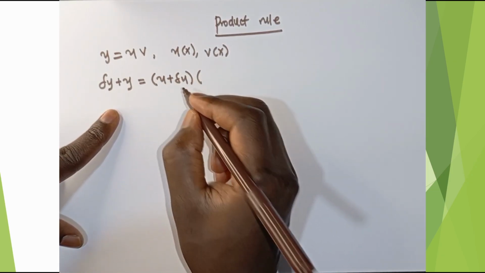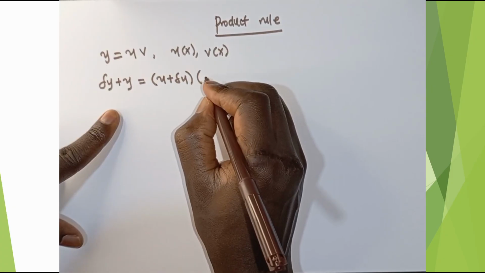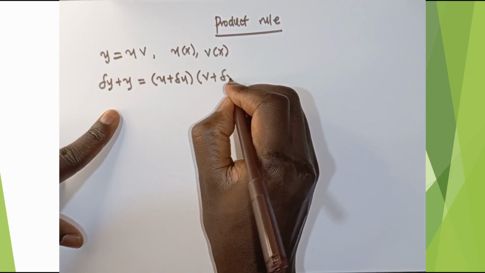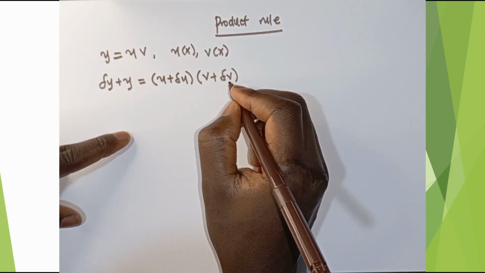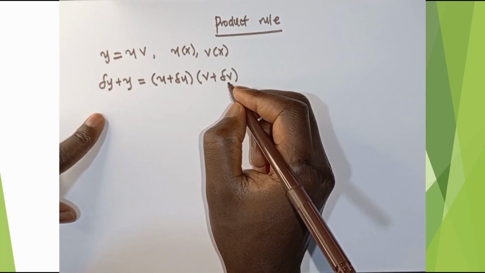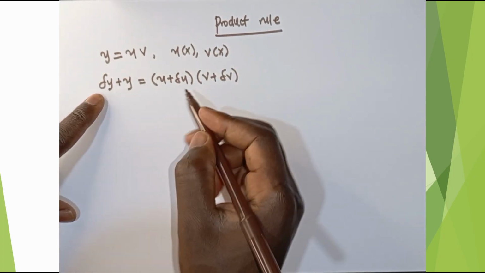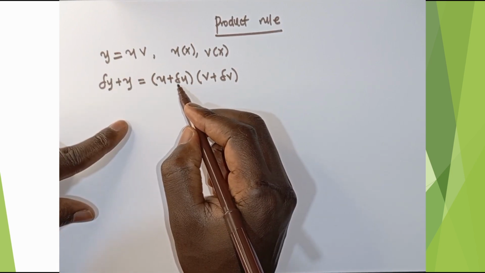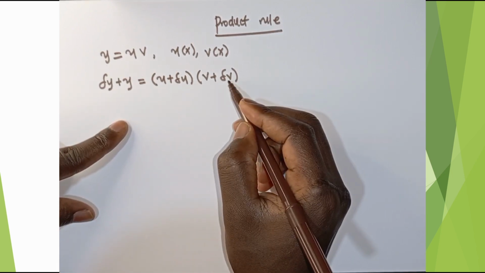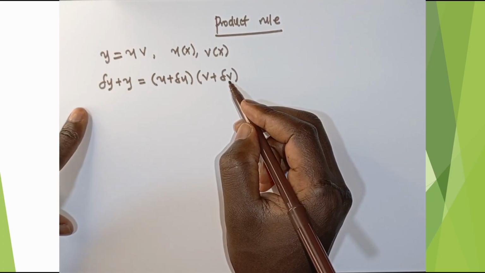Delta u is that small change in u. So we have also v plus delta v. Delta v is that small change in v. So we are simply saying that a small change caused in y comes as a result from the changes obtained in u and then the changes obtained in v.